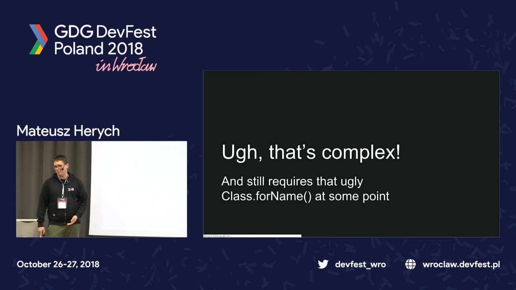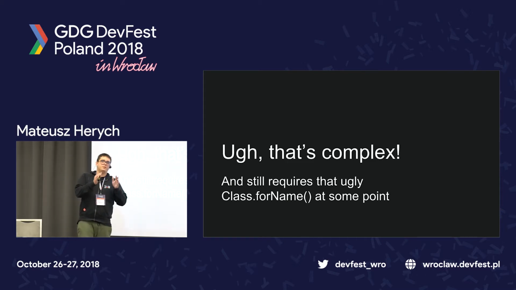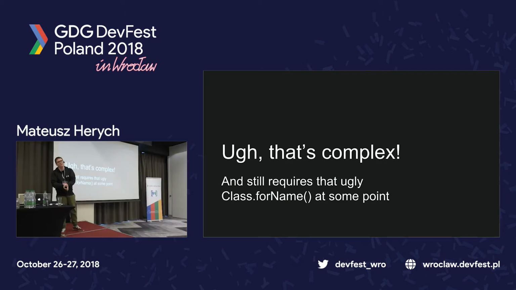So all this stuff is complex, and since there is no callback I was talking about, unless you are just working with fragments and the experience of your dynamic feature module starts with the activity, you will need to use Class.forName at some point, if you really need to, for example, reference some class.